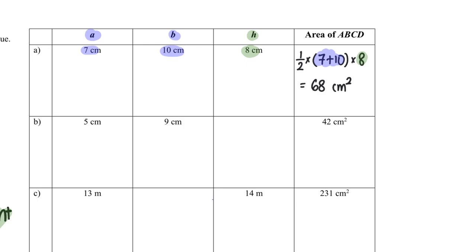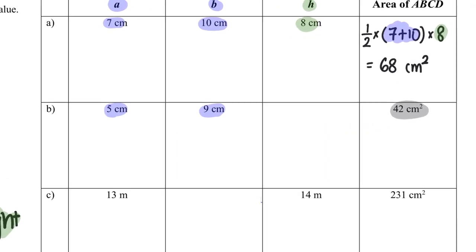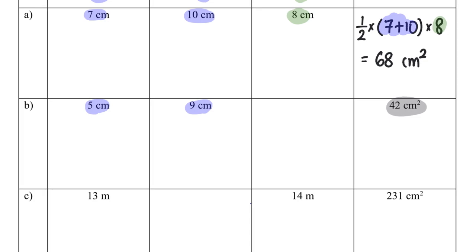Now for part B though, using this formula, you can see that, hey, how can I find my height, which is the green color, given the area? Well, I'm going to zoom in so that we can see this easily. Let me make my handwriting a little bit easier.